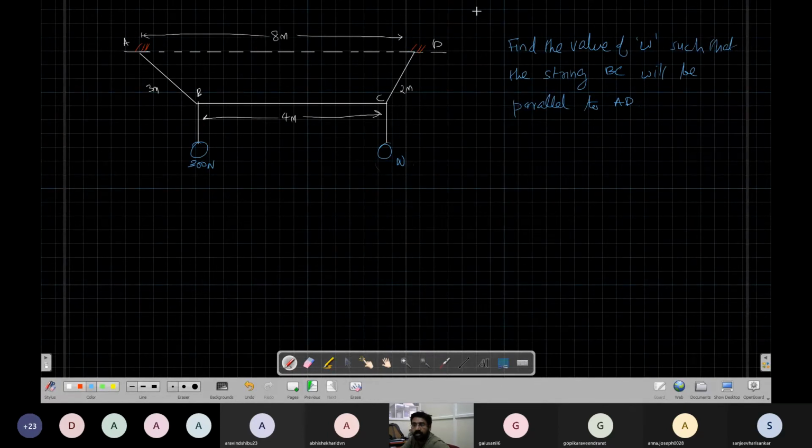Question മനസ്സിലല്ലേ? ഈ ക്വസ്റ്റ്യൻ നമ്മൾ എങ്ങനെ സോൾവ് ചെയ്യും? Think. Give me a moment. നിങ്ങൾ ആലോചിക്കുക.